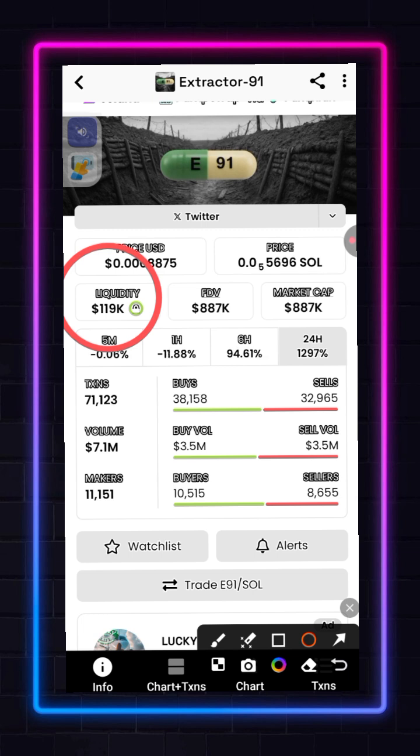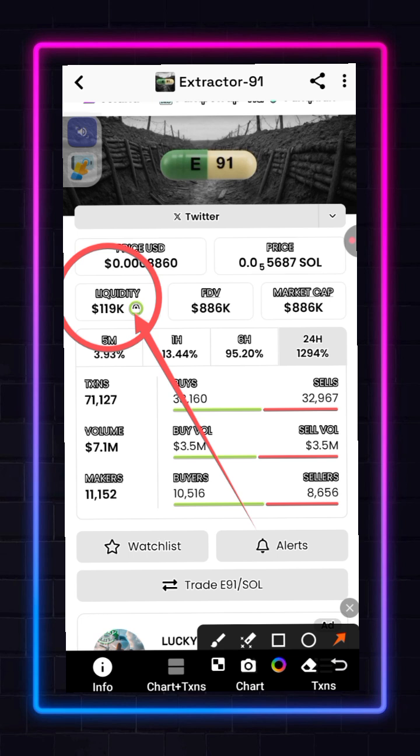For any locked liquidity, you must see this padlock right here. Without this padlock is a red flag. Any coin you want to invest in, if you are not seeing locked liquidity like this, just know that that coin can crash at any time. So make sure that the pair you're trading has this locked liquidity, at least 20,000 USDT.